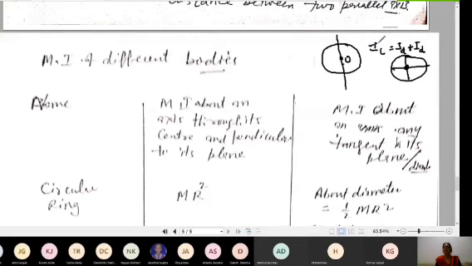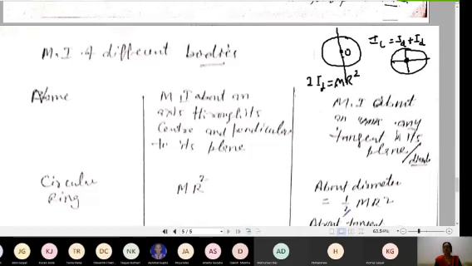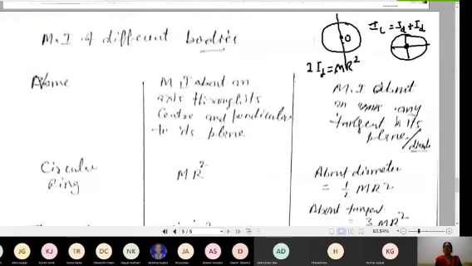IC is given to me as mr square, and I want to find ID about its diameter. So twice of ID equals mr square, so you can get ID equals mr square by 2. So about the diameter, it is half mr square.